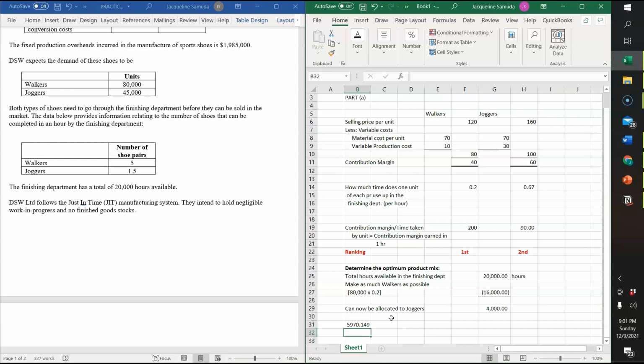So it means that we can actually make 5,970 joggers, and that should fully consume the finishing time left in the finishing department.